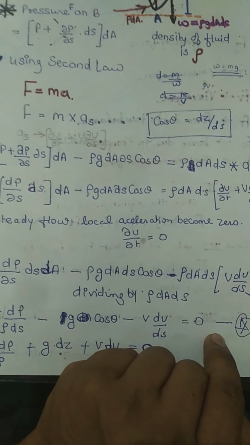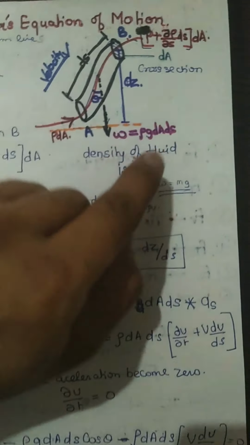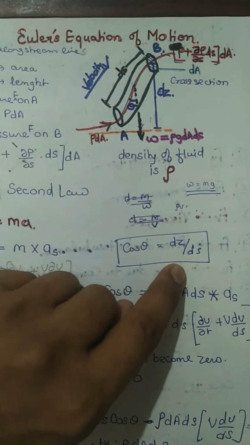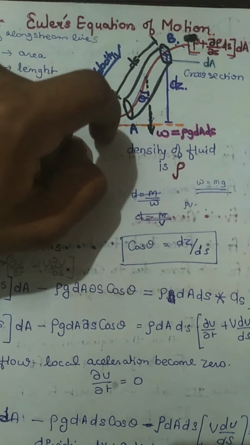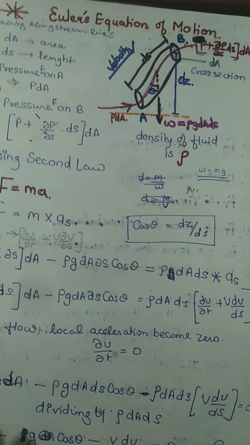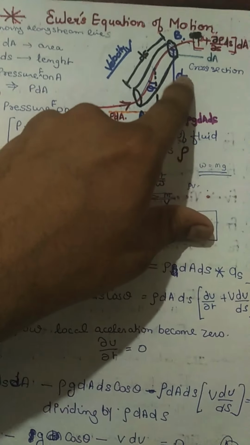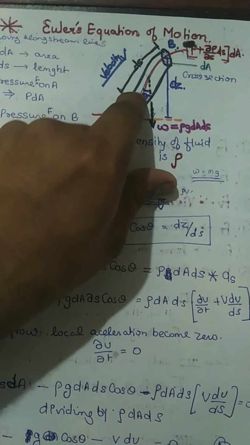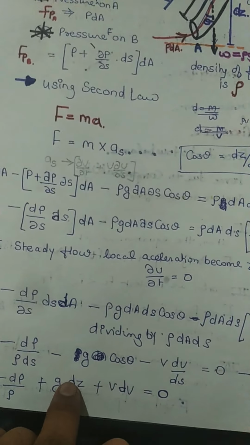We know cos theta equals dz upon ds. This is dz and this is ds. Cos theta, what is the cos theta? Base upon hypotenuse. This is base and this is hypotenuse. So we can write like this: cos theta equals dz upon ds.